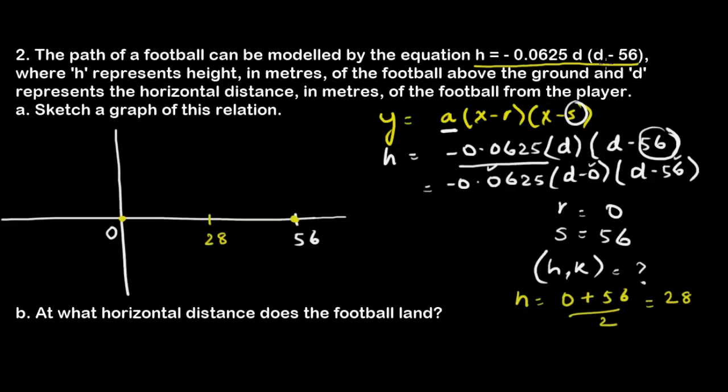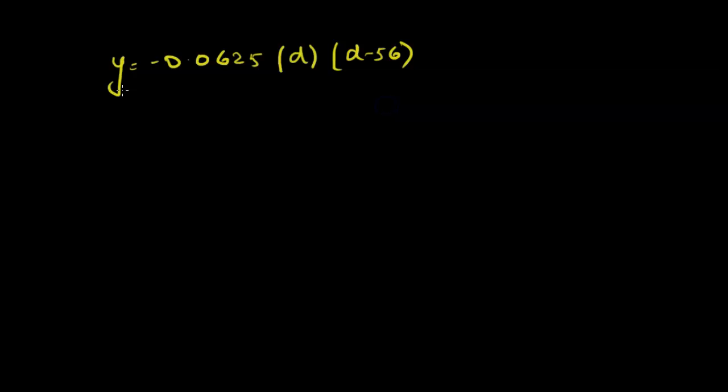Now we use this equation to sub in distance d as 28, because the x-axis would represent the distance and the y-axis would represent the height in meters, as the two variables given to us in this particular question are height and distance. Now to get the k value, we have to solve for y, as the equation is y equal to negative 0.0625 d (d minus 56).